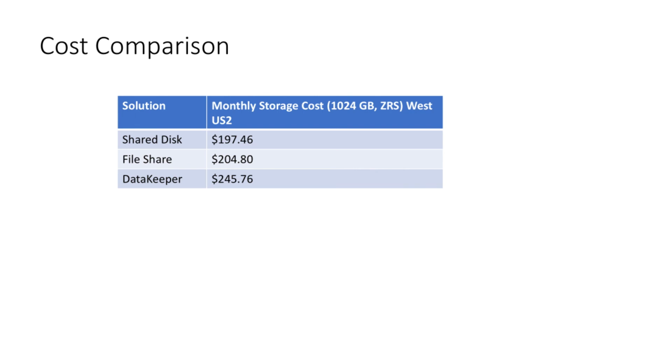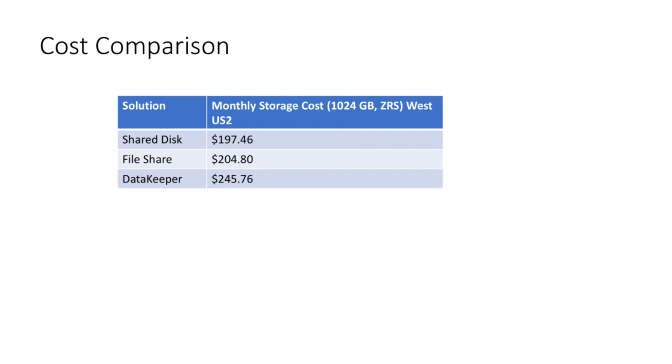And if we look at the cost comparison, so the Azure Shared Disk, you're basically paying for the storage. The monthly storage cost for a terabyte of zone redundant storage in West US is roughly $200 for the Azure Shared Disk. A little bit more for file share, but still around the $200 range.